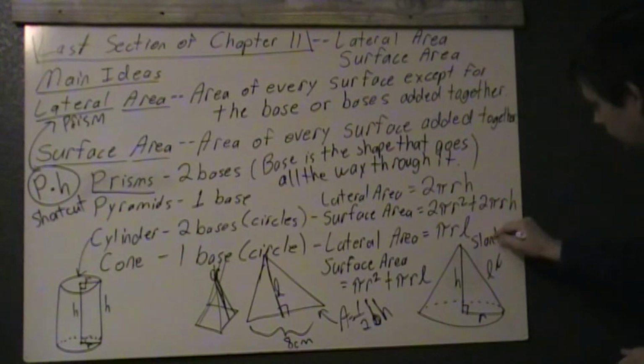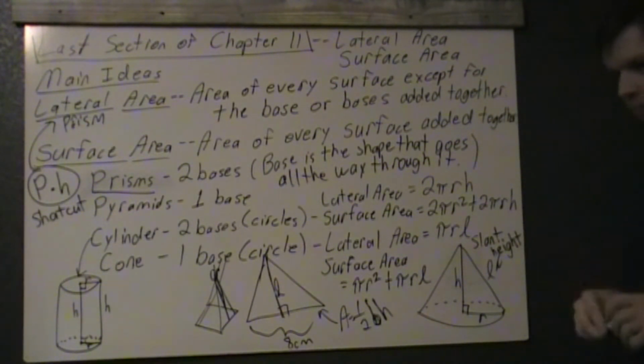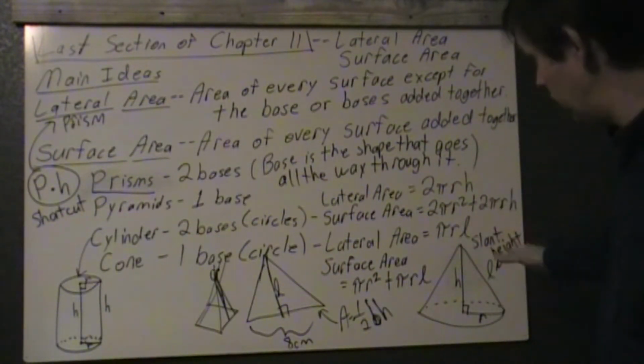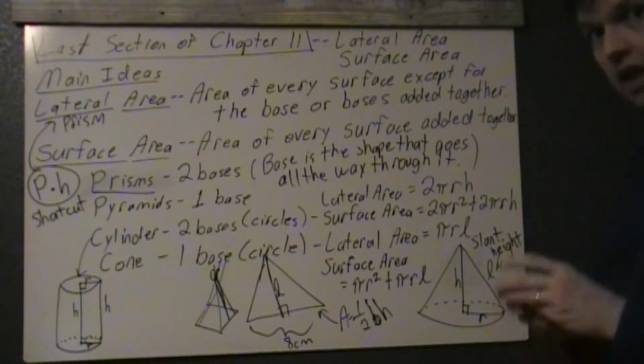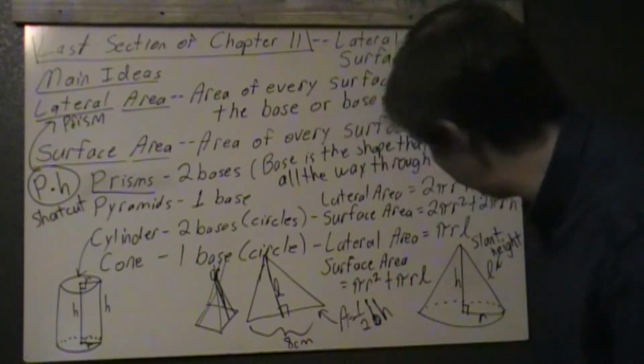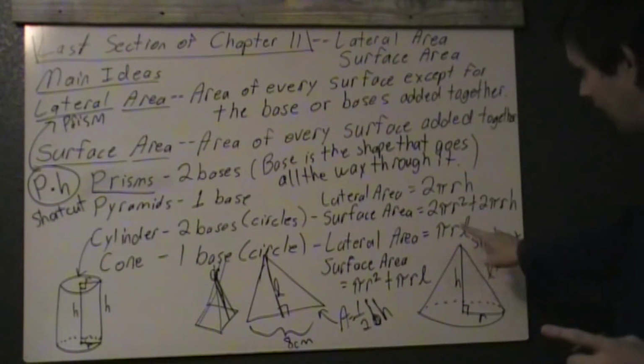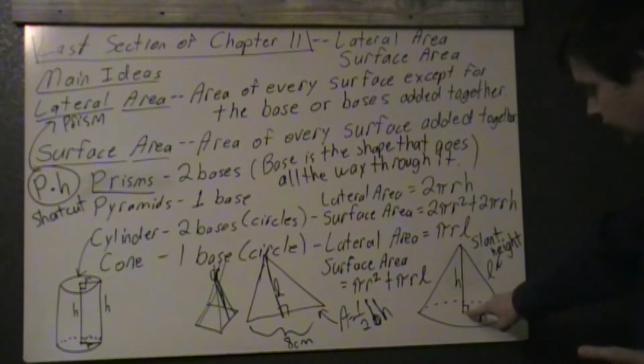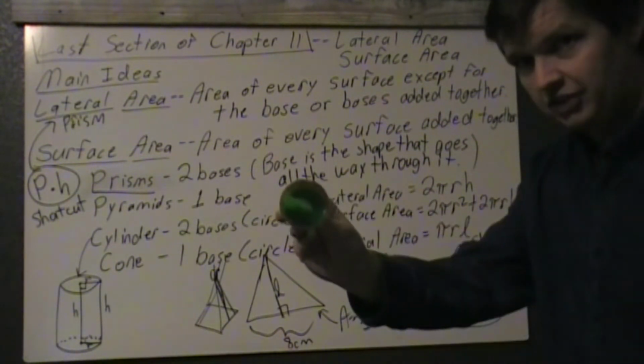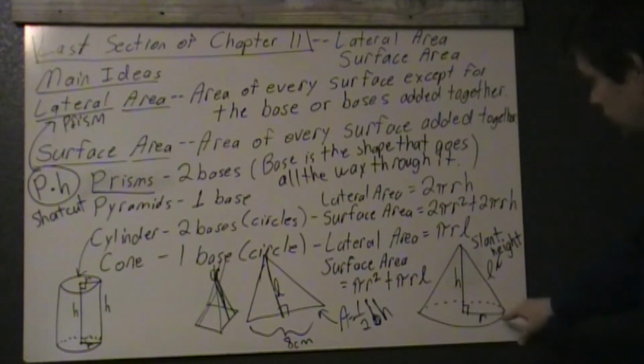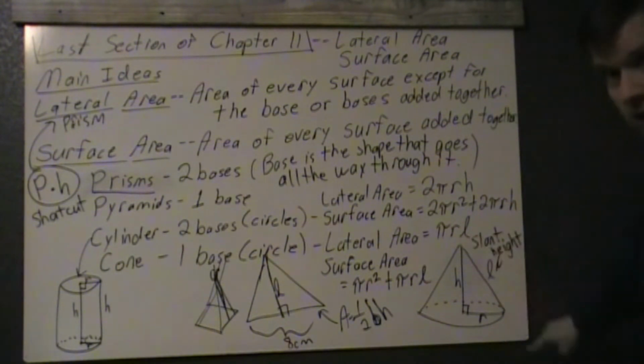Okay? So make sure you understand the lateral area of a cone is just pi times the radius of that circle, times the slant height.